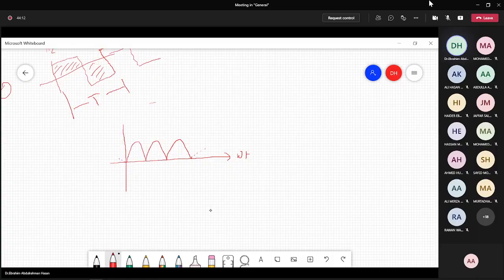So then this is 0, this will be pi, this will be 2 pi, 3 pi, and so on. Here, this is Vm, so it is equal to Vm sine omega t. Omega t is equal to theta. You can remove it if you don't like it. Just put theta.